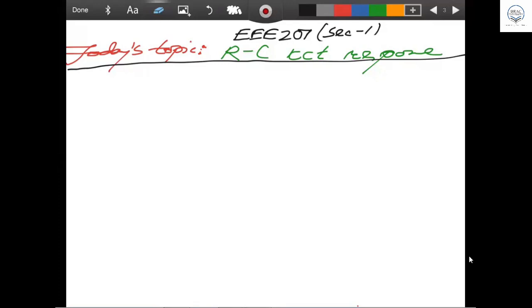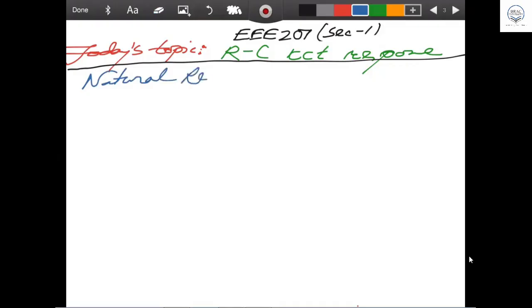The RC circuit is very similar to the RL circuit, and the first thing we are going to see today is the natural response.